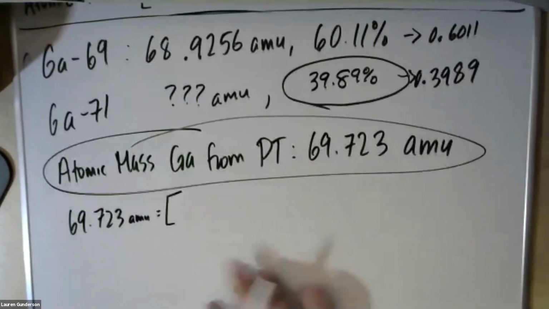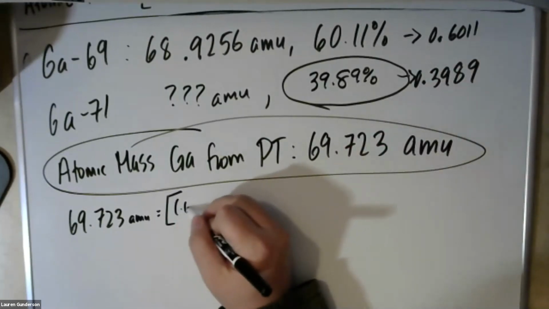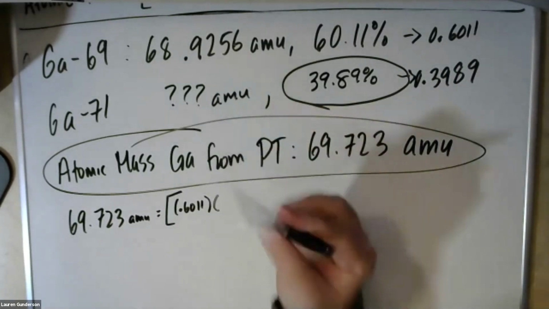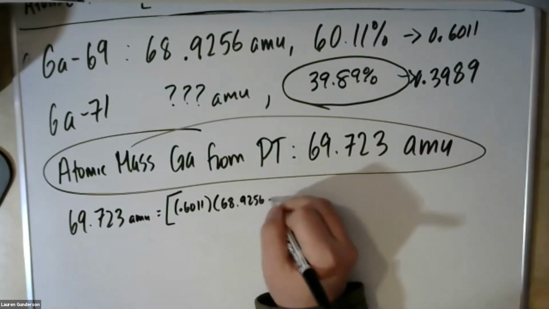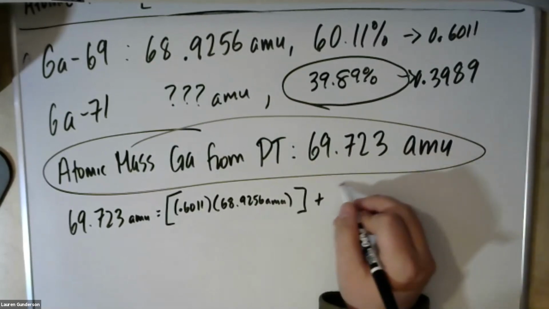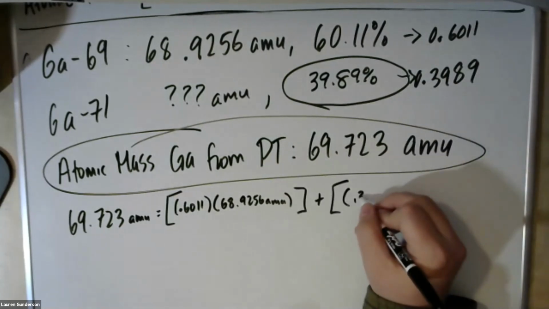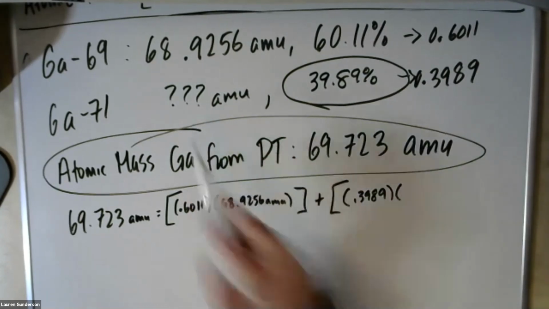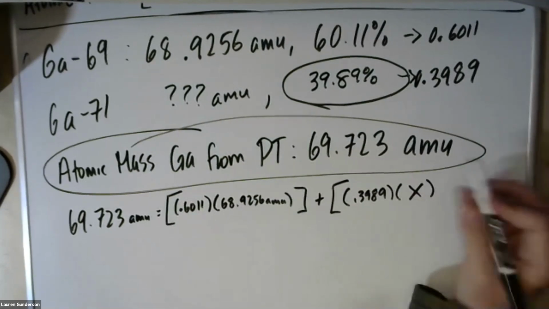And that's going to equal the fractional abundance of isotope 1, which is 0.6011, times the mass of isotope 1, plus the fractional abundance of isotope 2, times the mass of isotope 2, which I don't know. I don't know it, so I'm going to call it X.